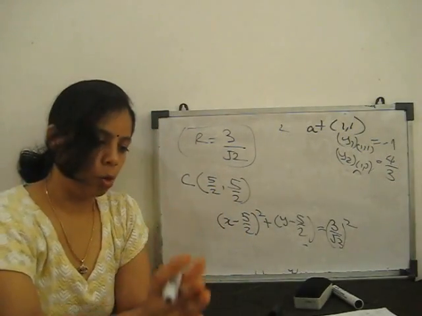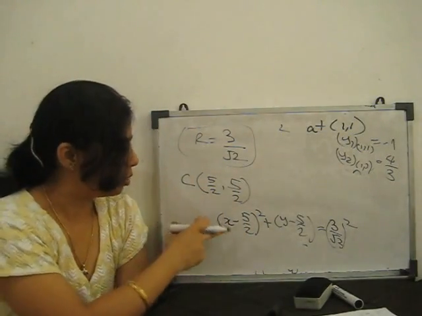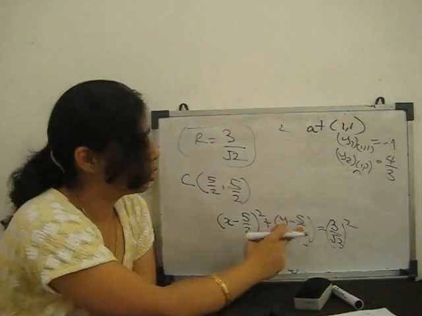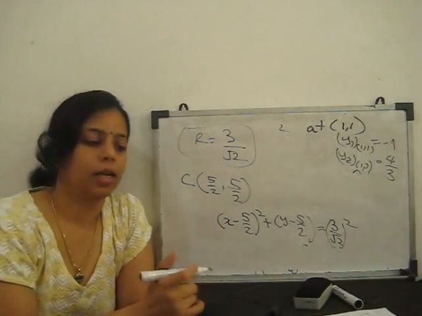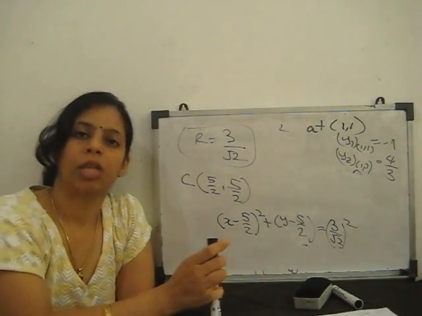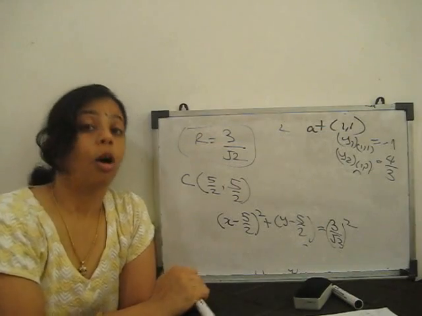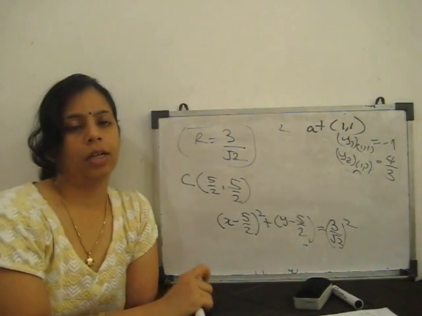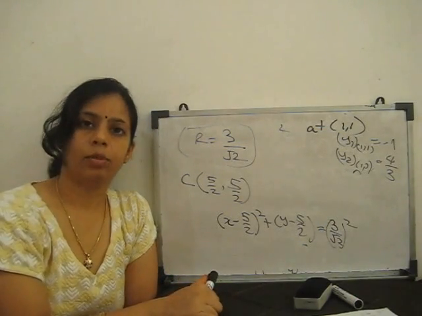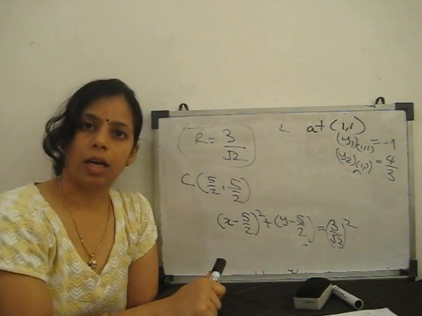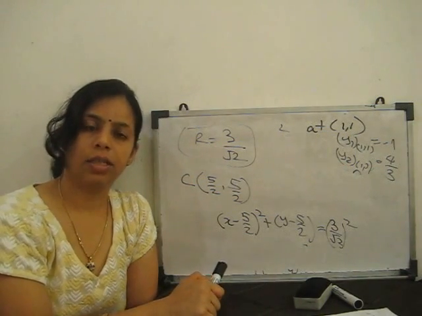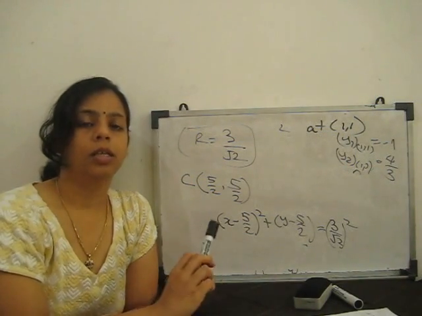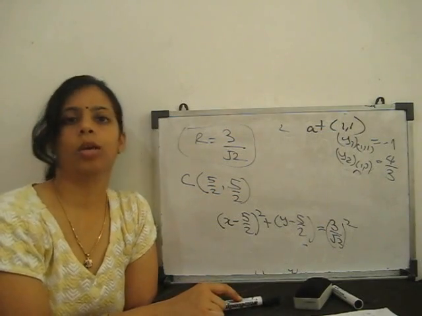Clear? You can open the whole squares and simplify it, and you will get the simplified equation of the circle. So that's all about the radius of curvature. We can learn many types of problems on radius of curvature, the circle, and the center of curvature. Okay, thank you.